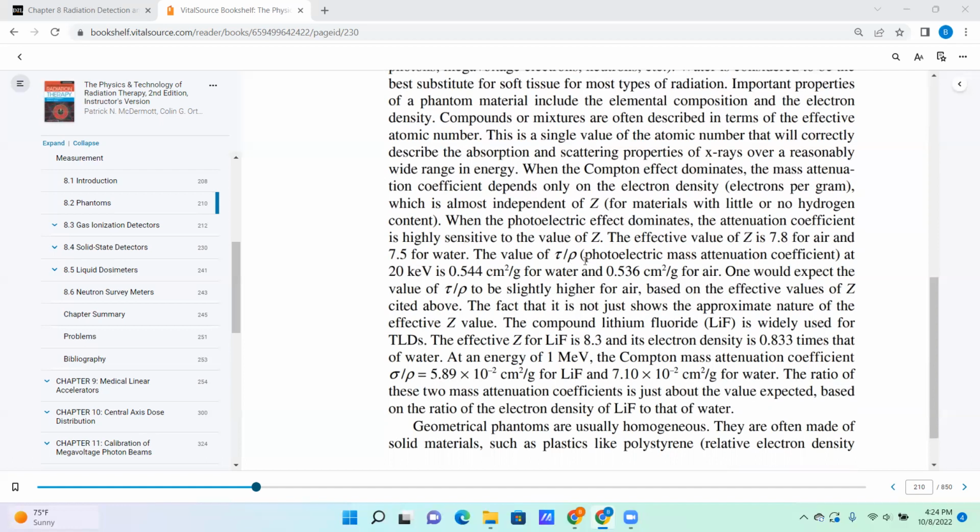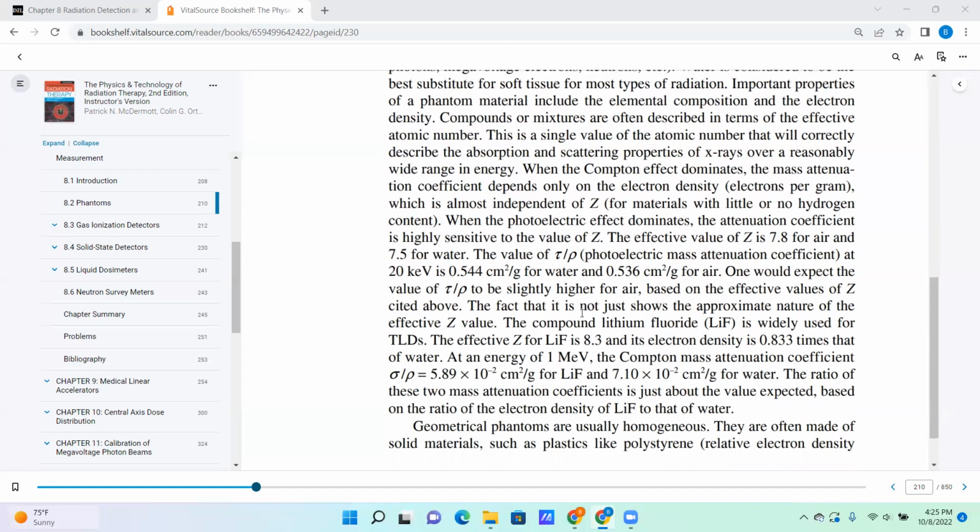The value of tau divided by rho, or the photoelectric mass attenuation coefficient, at 20 keV is 0.544 cm squared per gram for water and 0.536 cm squared per gram for air. So you would expect the value of tau over rho to be slightly higher in air based on the effective values of Z cited above.